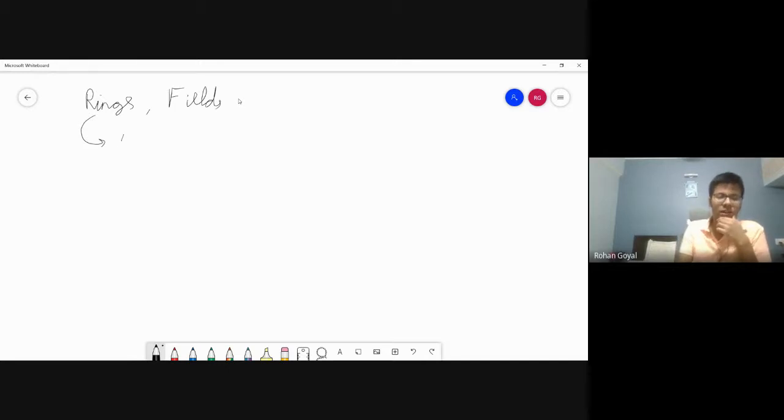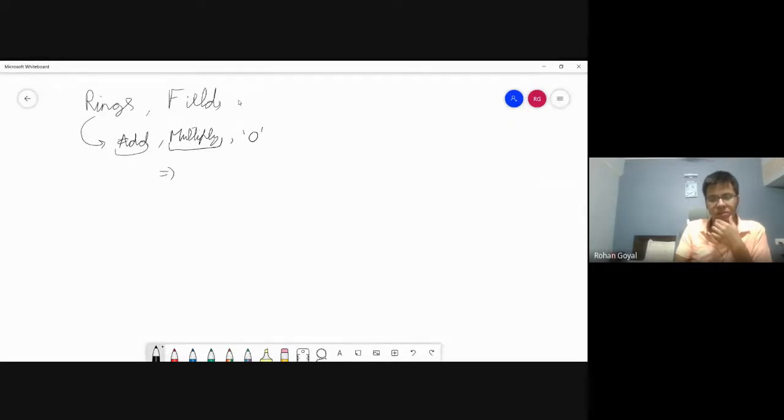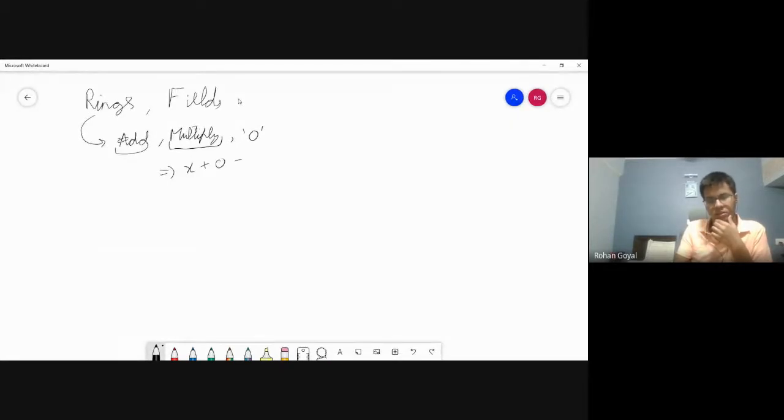Rings are where you can add and multiply. The structure is closed under addition and closed under multiplication. You have something called a zero, i.e. for all elements x, x plus 0 is equal to x.